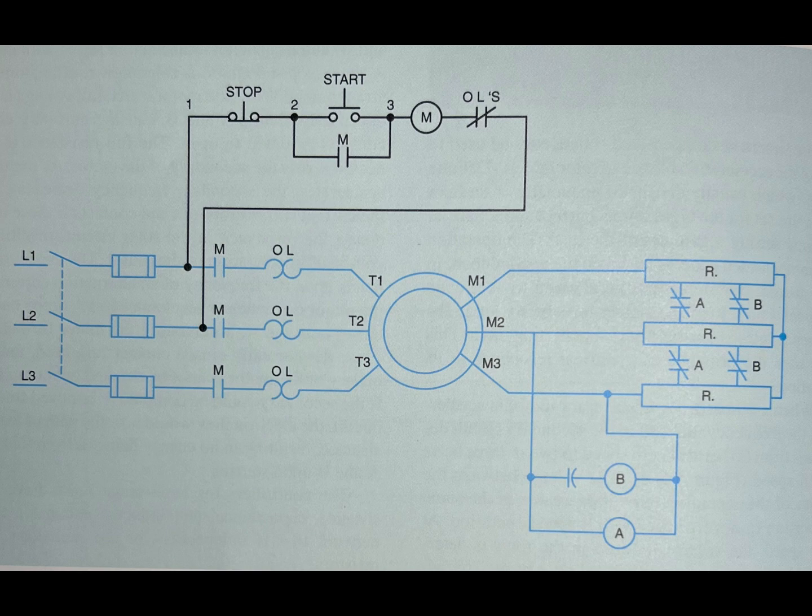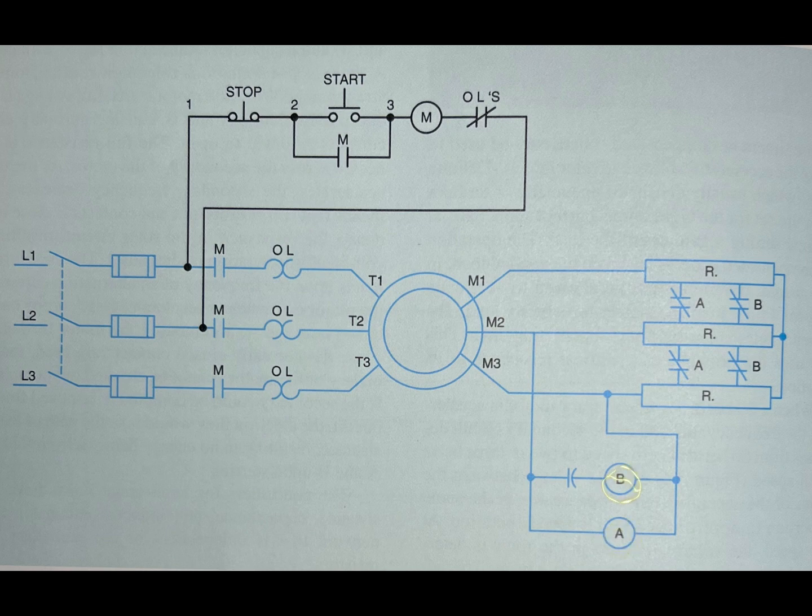When the motor starts, full voltage is produced across coils A and B, causing normally closed contacts A and B to open. The full resistance is connected across the secondary of the motor.